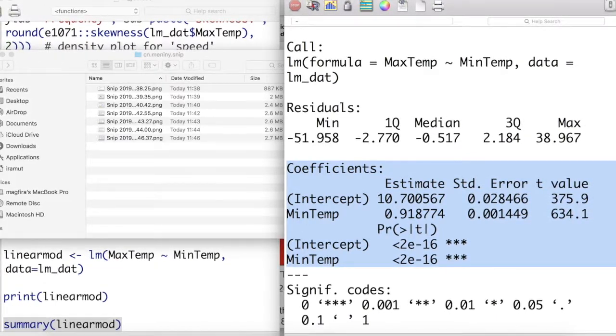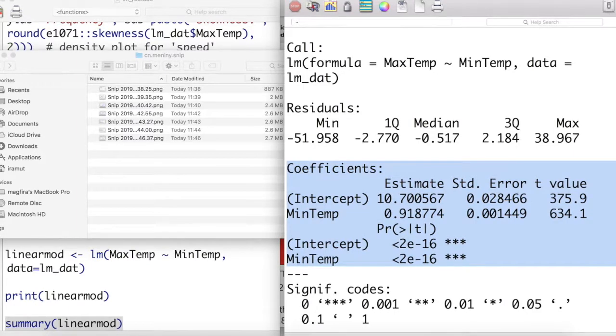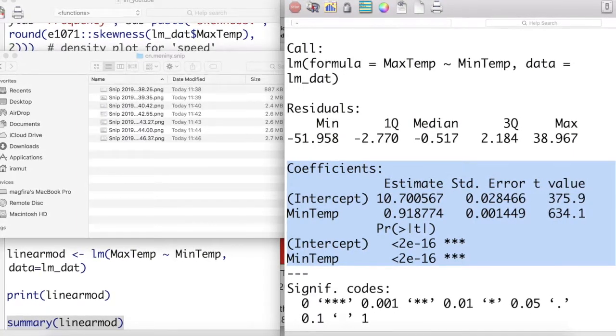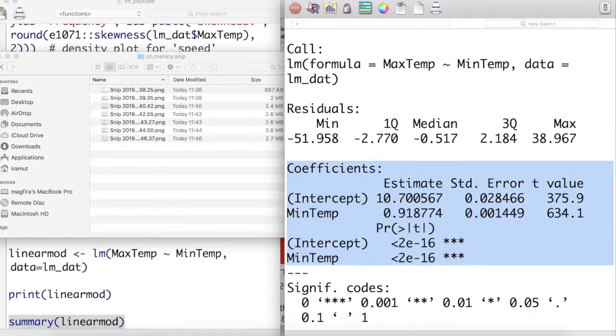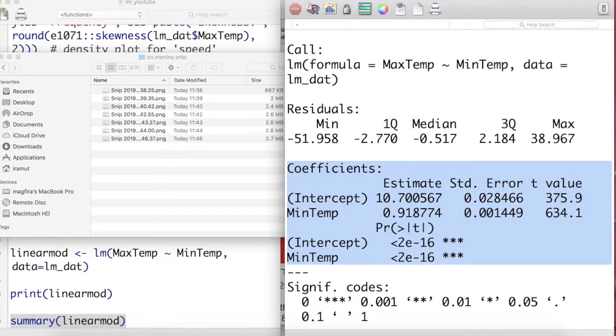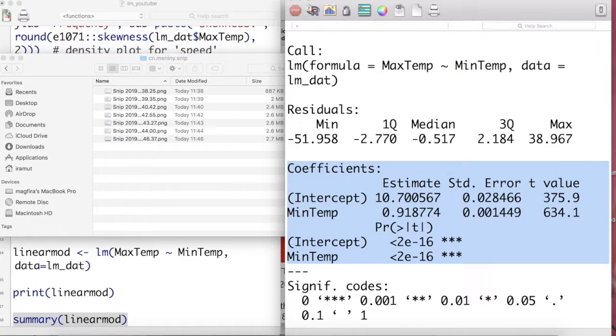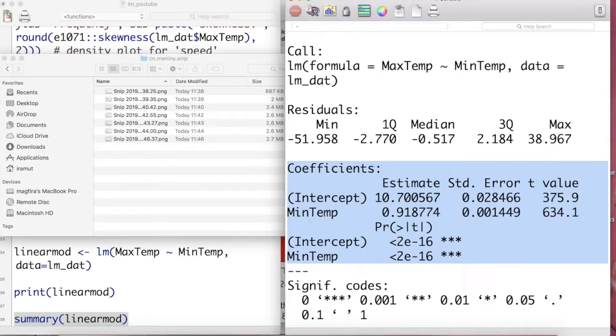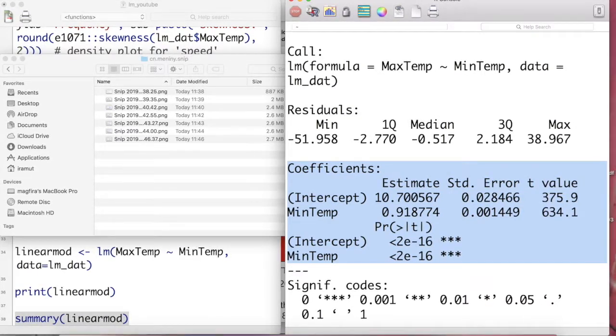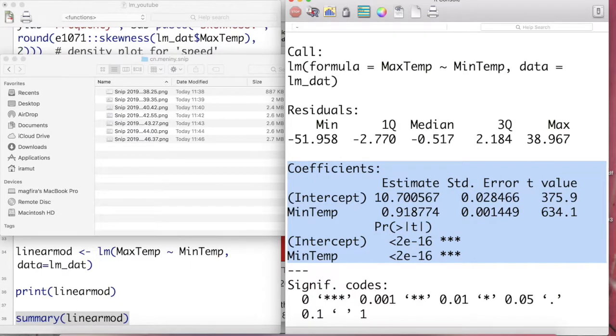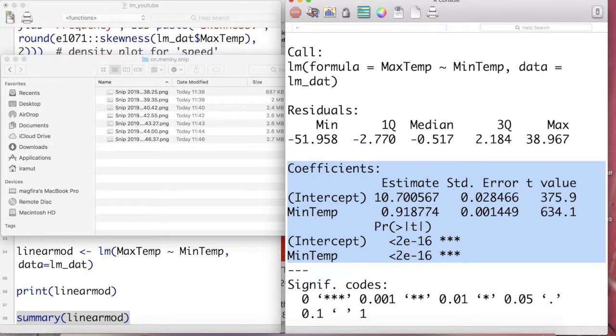When the p-value is less than the significance level of 0.05, we can safely reject the null hypothesis that the coefficient beta of the predictor is 0. In our case, both p-values are well below the 0.05 threshold. So we can conclude that the parameters of our model are indeed statistically significant.